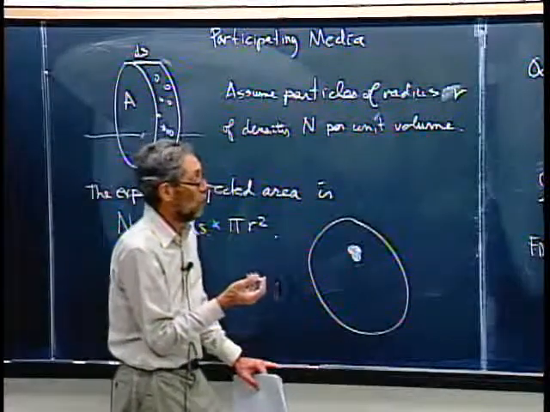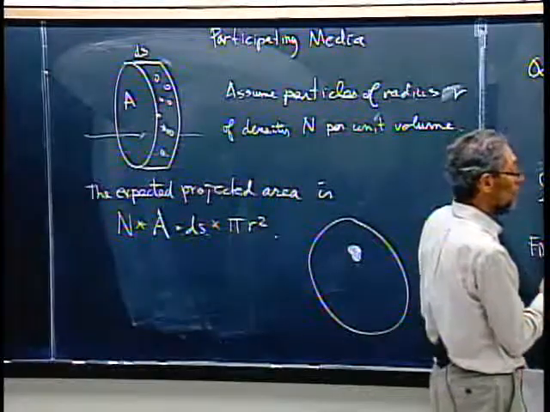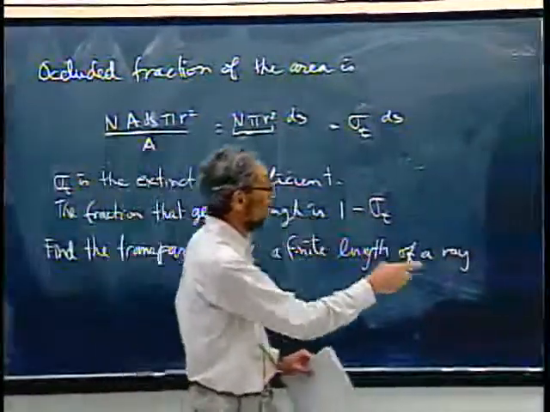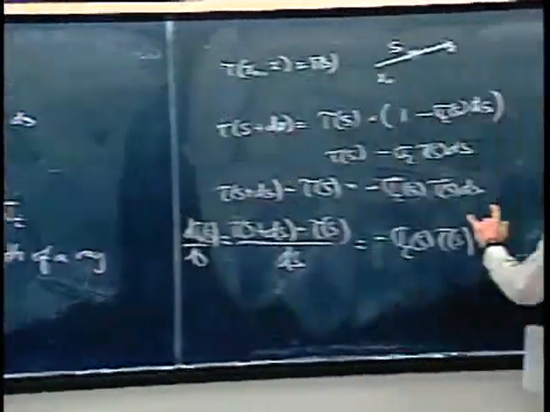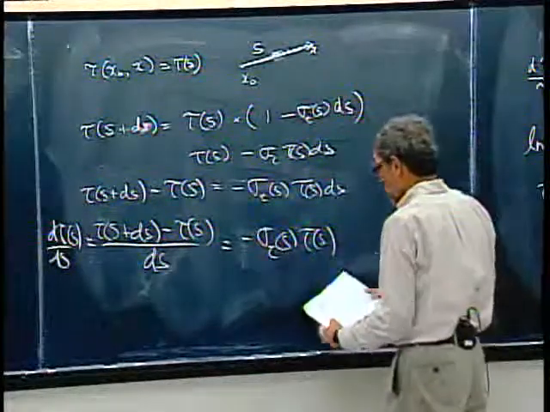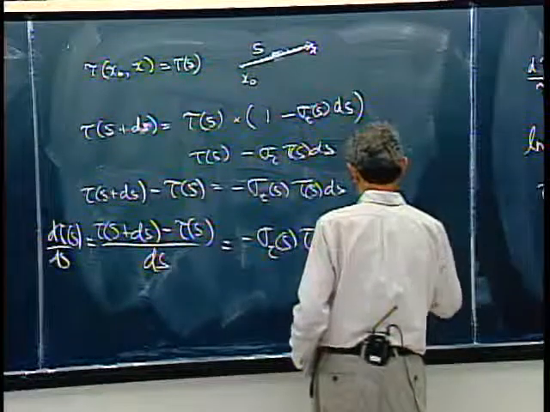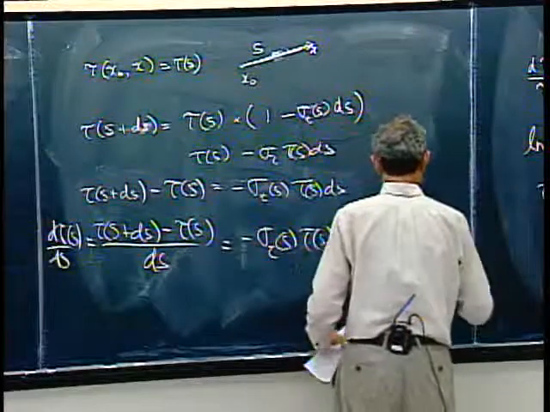So what's happening is, in this differential equation, we have this much subtracted per unit length, but we also have sigma t times the color of the glow.